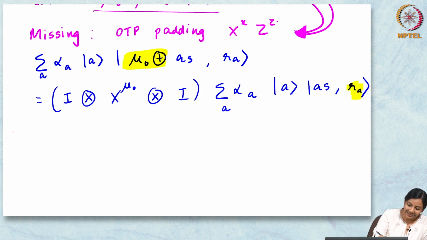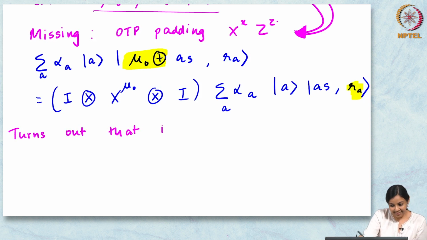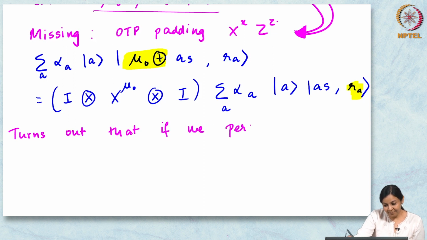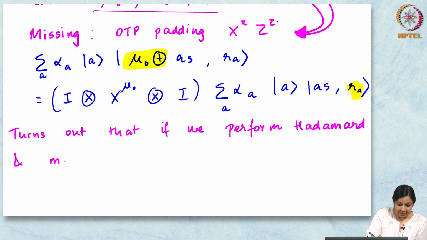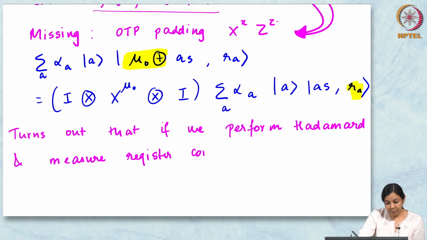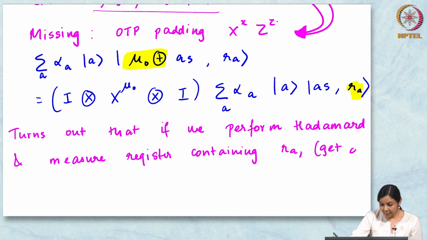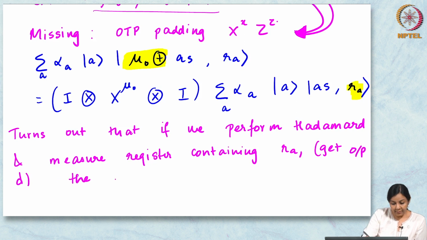So, it turns out that if we perform a Hadamard and measure the register containing RA, okay, and when we measure, let us say that we get some output D, then the resultant state looks like this.